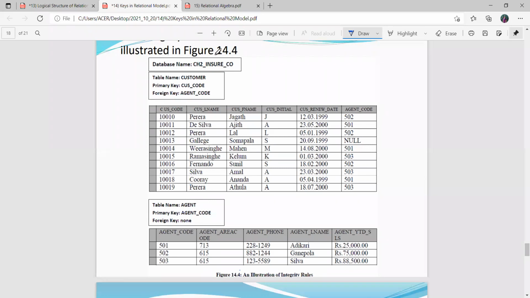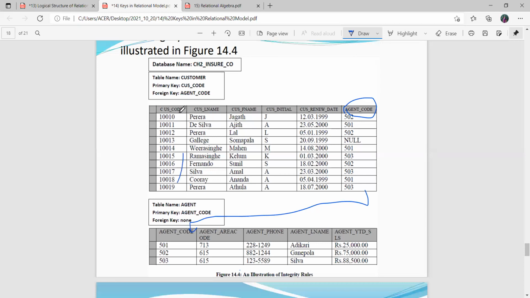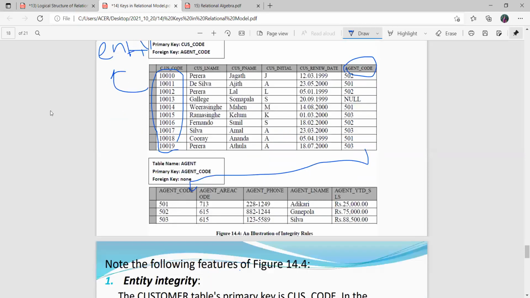The foreign key is agent code, which refers to the primary key of the agent table. There are no duplicate values and no null values for these primary keys, so entity integrity is there. For agent code, no duplication and no null values, so entity integrity is there.